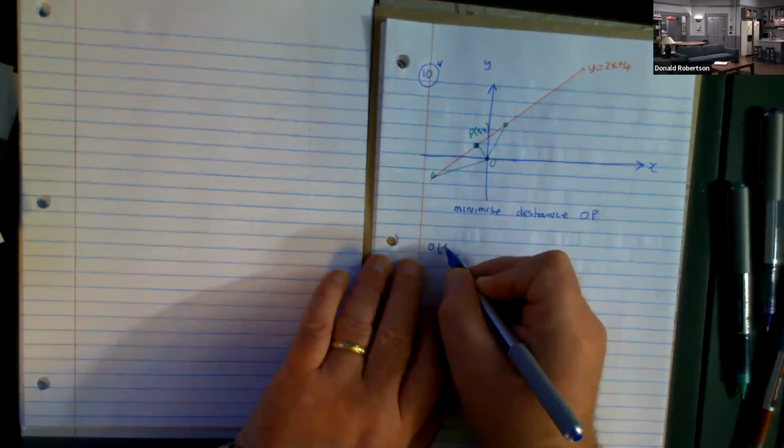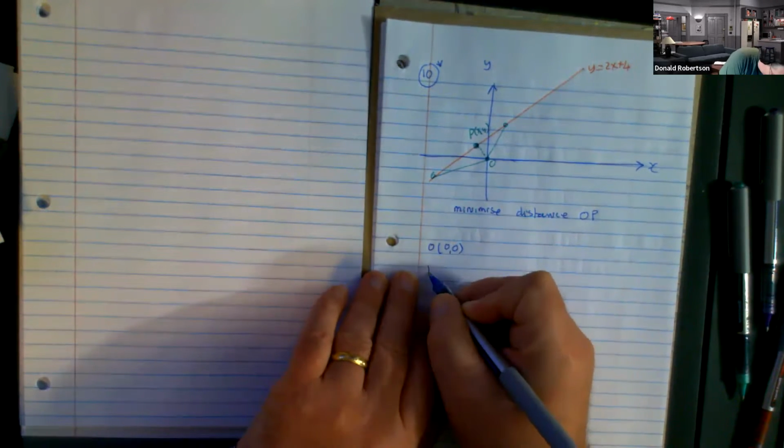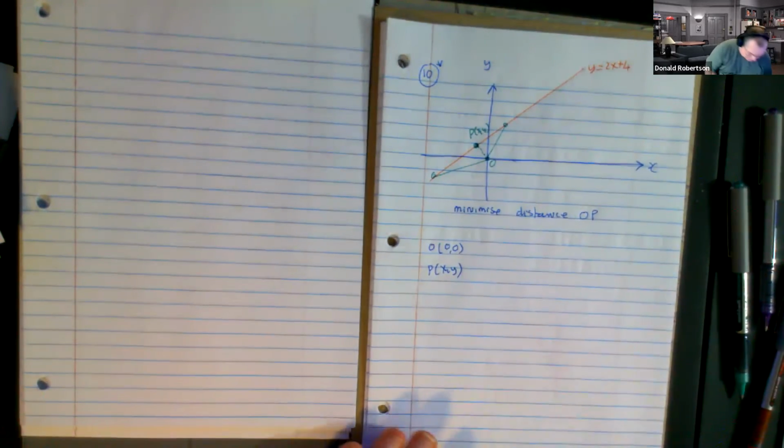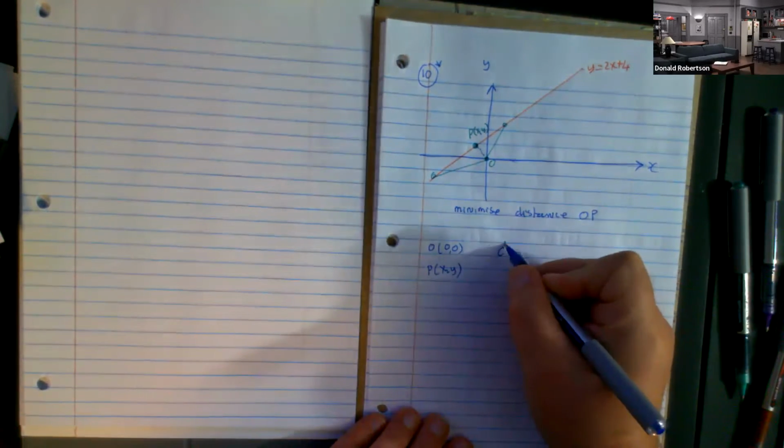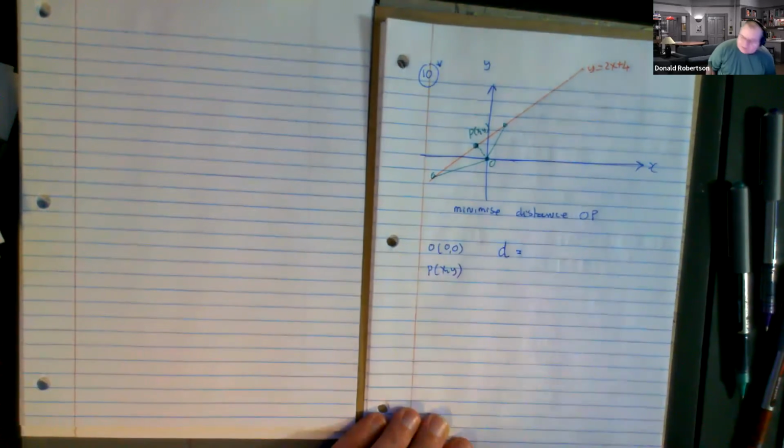And we are trying to minimize the distance from the origin to the point P. So we're trying to minimize the distance OP. Now O is the origin, and P is the point x comma y. And I'm going to call D the distance.